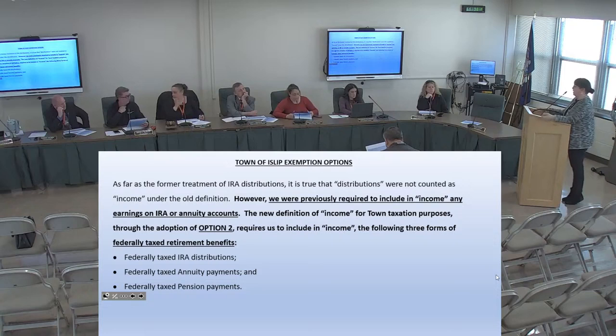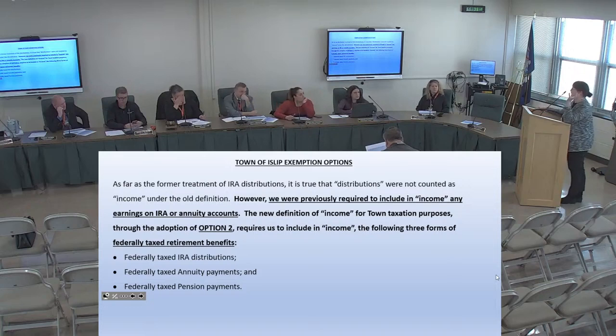One of them is to include any non-federally taxed Social Security benefits. So we would be including the gross Social Security benefits, everything that's on line 6B and everything that is the difference between 6B and 6A. That's how the old definition used to be.